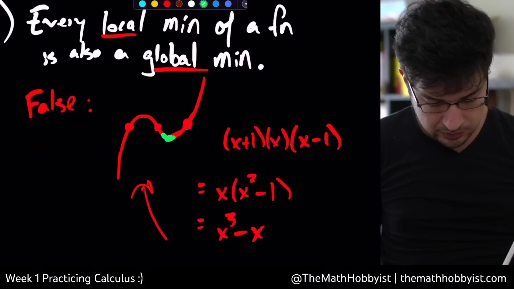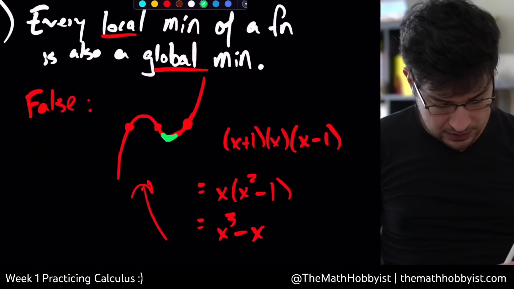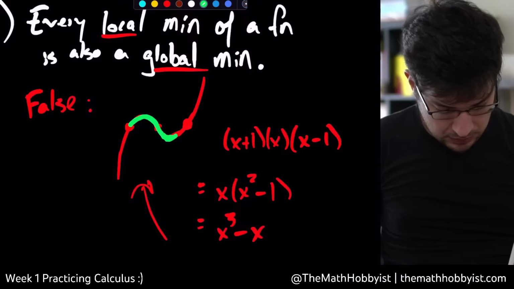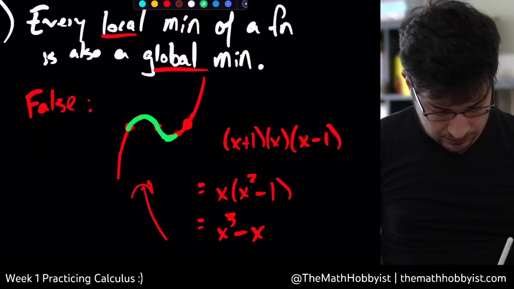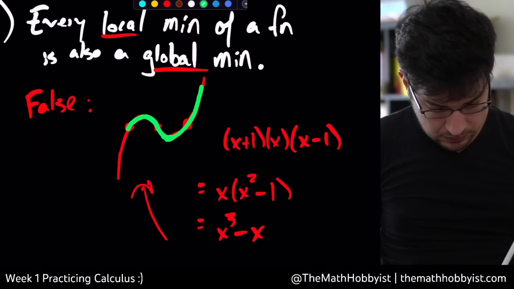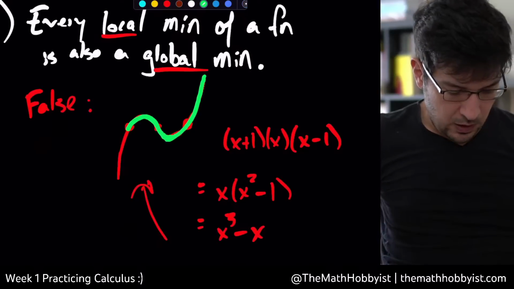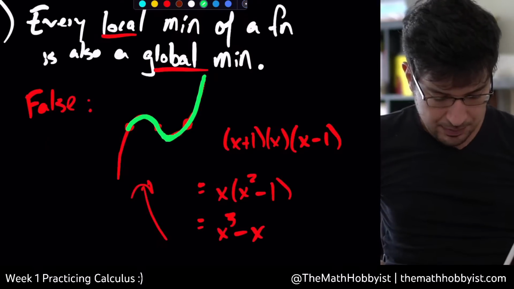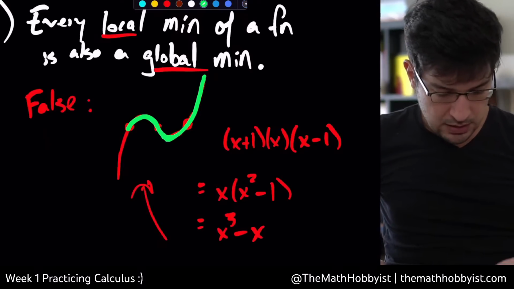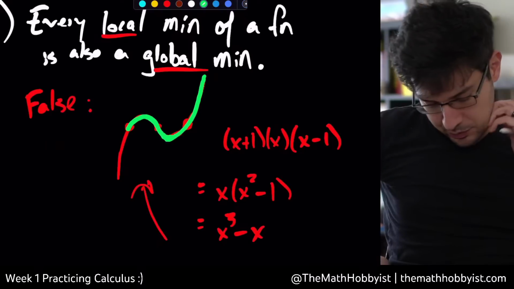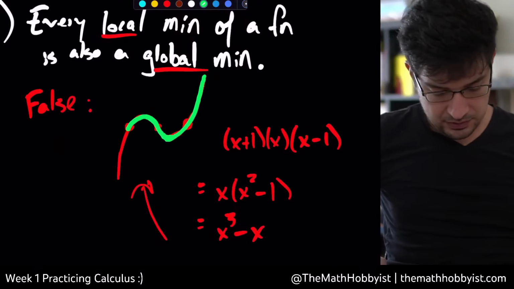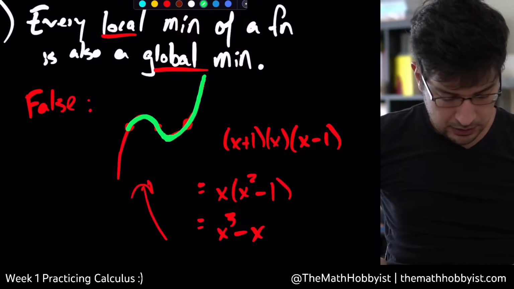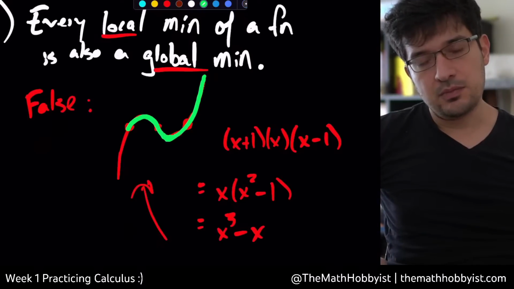For all the neighbors of this function until right about there, for all the neighbors of that function, this is a minimum. But beyond that point, further out to the left, it is not a minimum. There are smaller values.